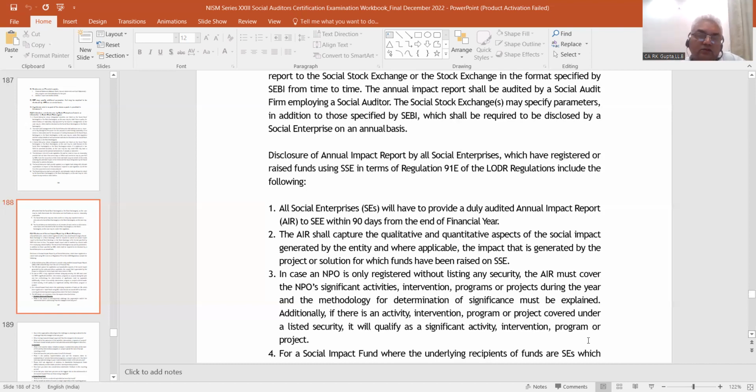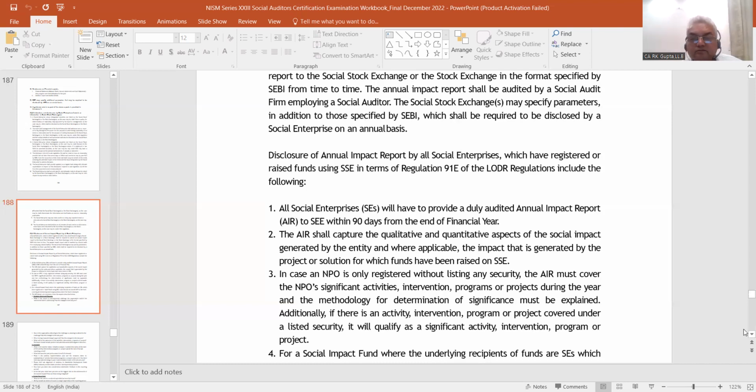Now, in case an NPO is only registered without listing any security, so there could be a situation where the NPO is registered but has not listed any security, the annual impact report must cover the NPO's significant activities, interventions, programs or projects during the year, and the methodology for determination of significance must be explained. Additionally, if there is an activity, intervention, program or project covered under a listed security, it will qualify as a significant activity, intervention, program or project.